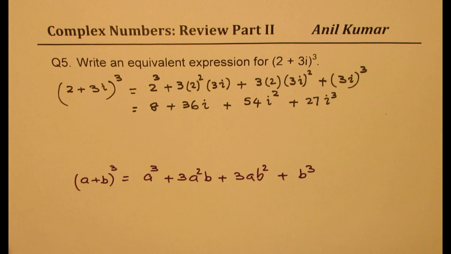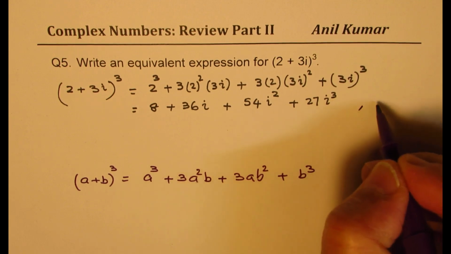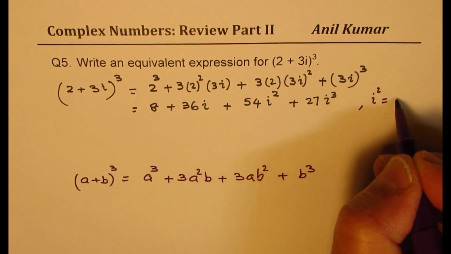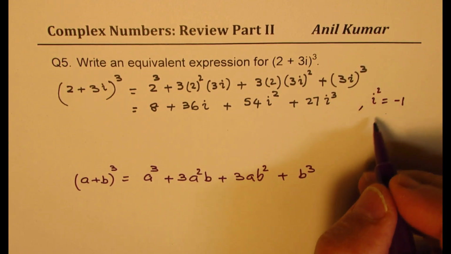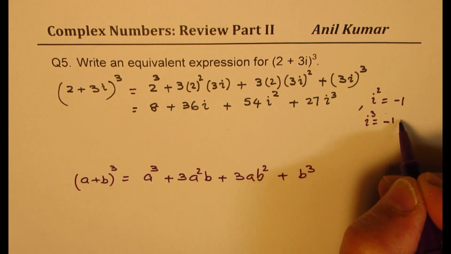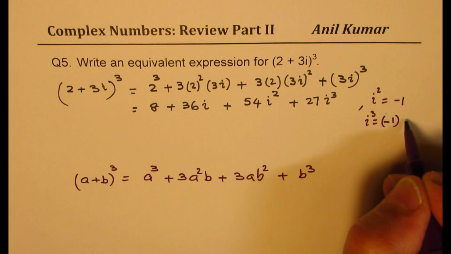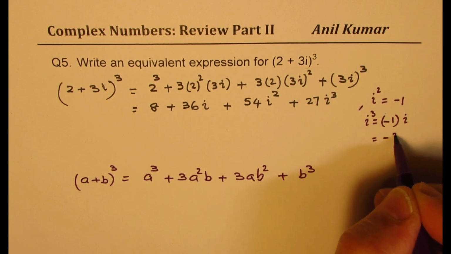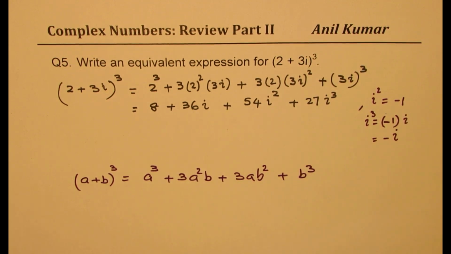Now what we know is i square is minus 1, right? So i cube will be equal to minus 1 times i. So it is negative i, correct? So that is i cube.